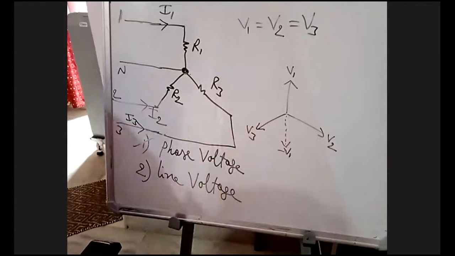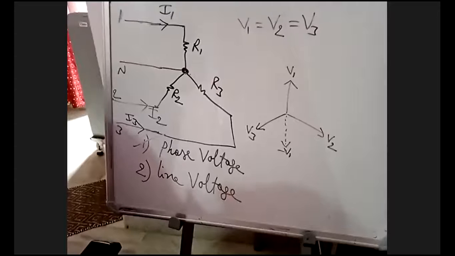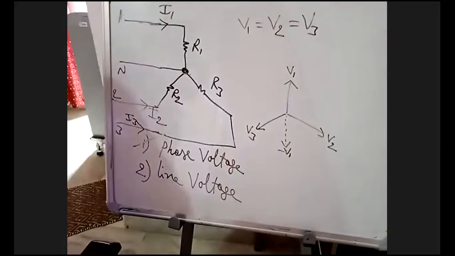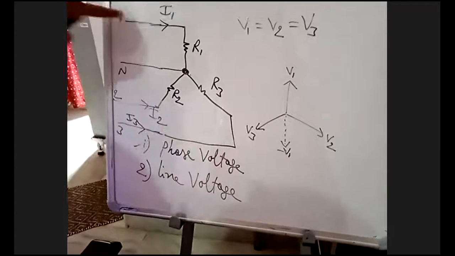What is minus V1? Opposite means negative phase voltage. V1 is positive phase voltage, minus V1 is negative phase voltage. V1 means current flows from phase to neutral, 1 to neutral.